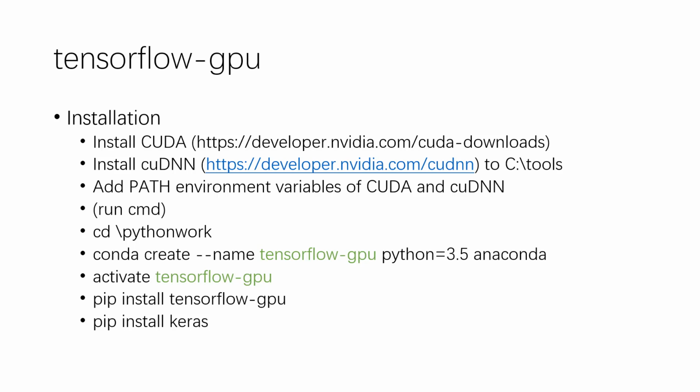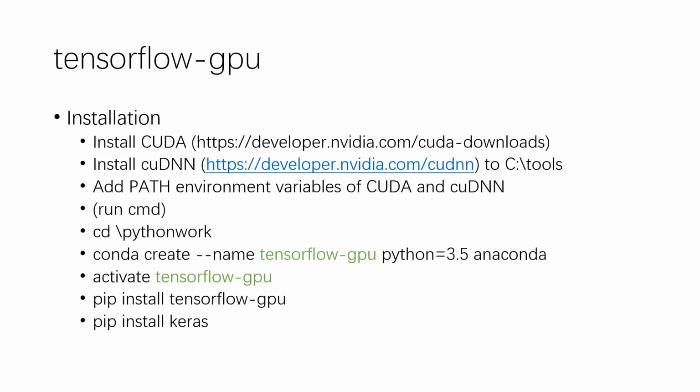So let's assume that you use NVIDIA graphic cards. Then you need to download and install CUDA and cuDNN from the official website of NVIDIA. And then important thing is that you need to add the path environment variables of CUDA and cuDNN so that in the command line the system will automatically find the libraries of CUDA and cuDNN directly.